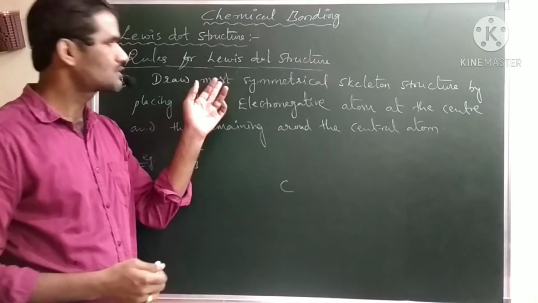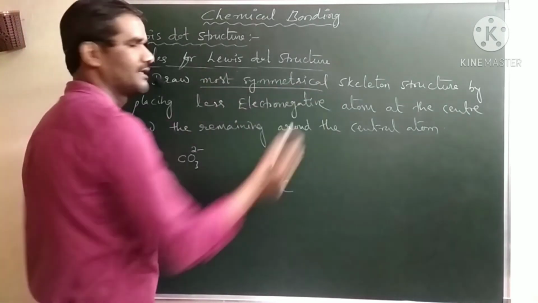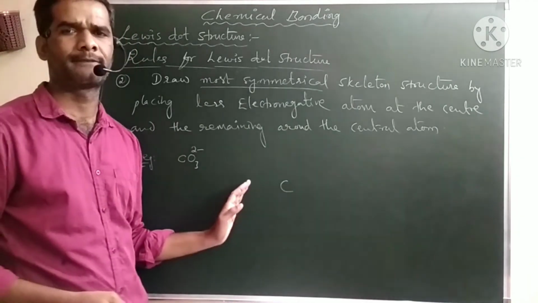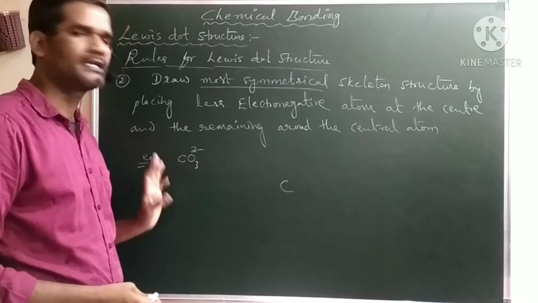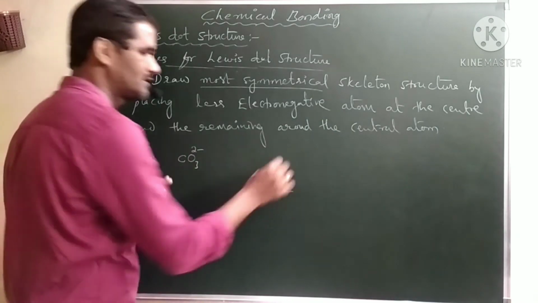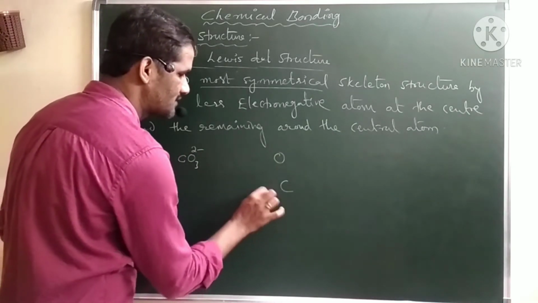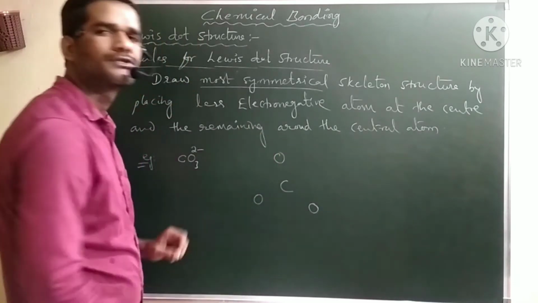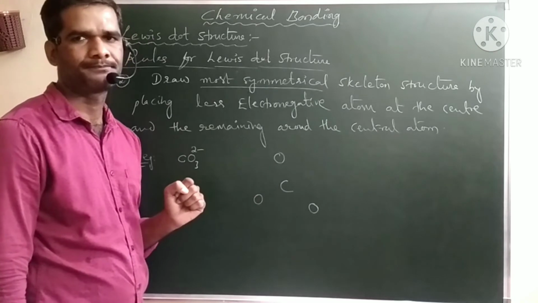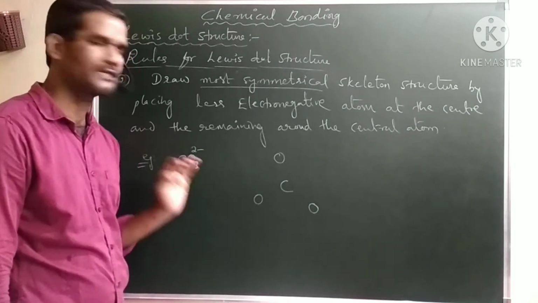There are various possibilities you may get, but out of all possibilities you have to arrange the oxygens in the most symmetrical manner. So the most symmetrical preferred structure is this one, keeping all the oxygens around the carbon atom. This is the second rule.